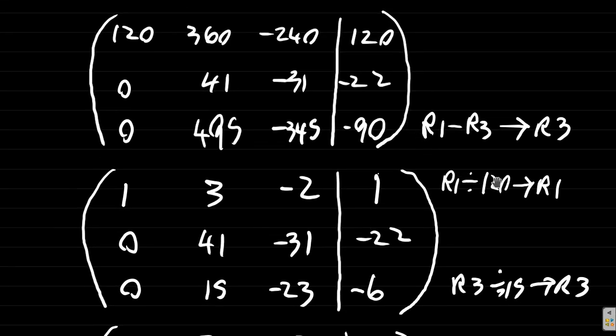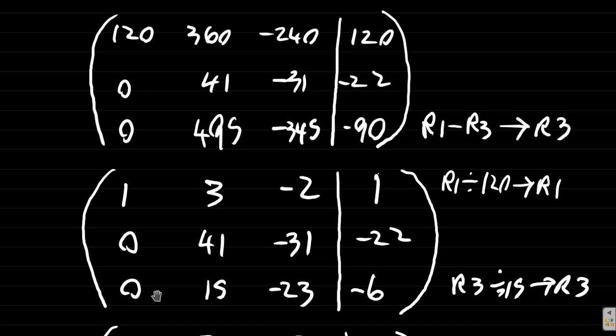After that, we divide row 1 by 120. Alright? So 12 3 is 36, 12 2 is 24. Alright? 1, 3, negative 2, 1. We keep row 2 as it is. 0, 41, negative 31, negative 22. Row 3 divided by 15.